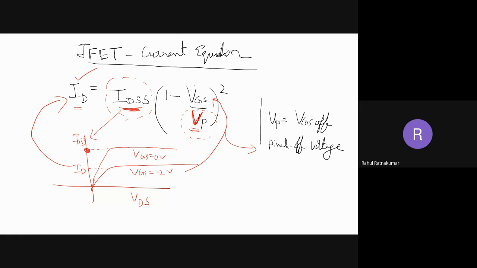In a question you may be given IDSS, VP and VGS, and asked to find ID. This is a normal question using this equation.